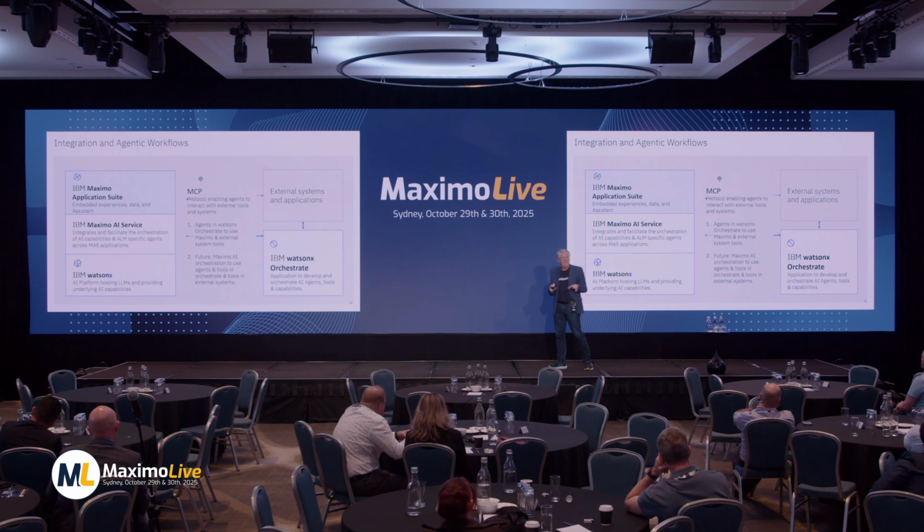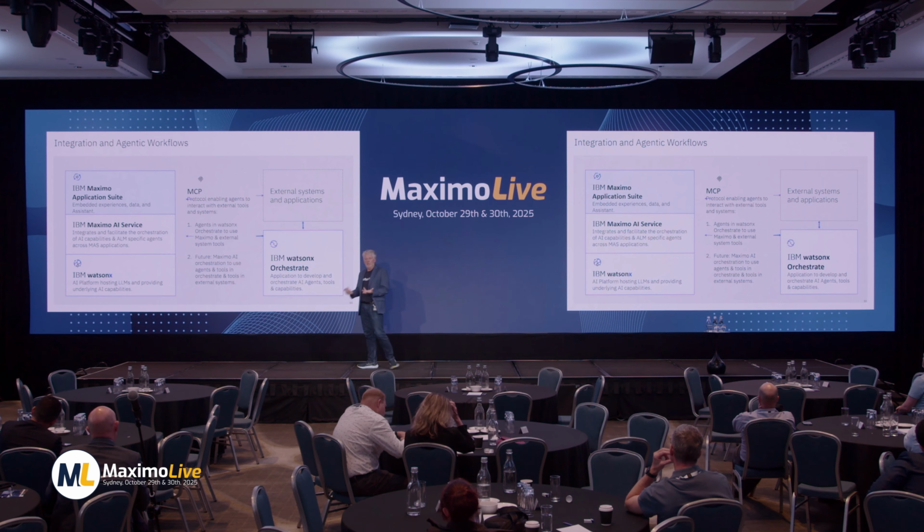I have an API interface in there so that I can define use cases. And we're opening the AI service up so that our partners and customers can create their own agents and leverage our AI service. If you don't want to manage the back end going out to watsonx, you can leverage our AI service. We'll take care of all the pieces around that, and you can integrate it into your system.